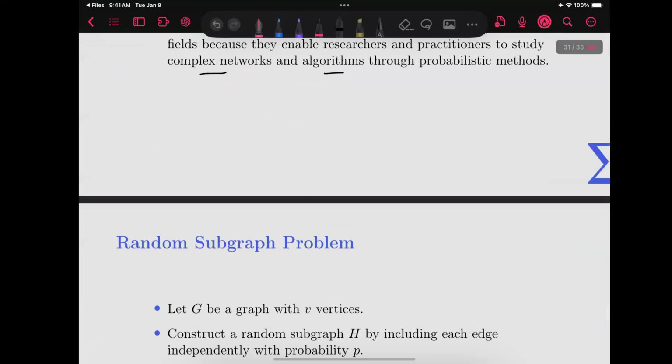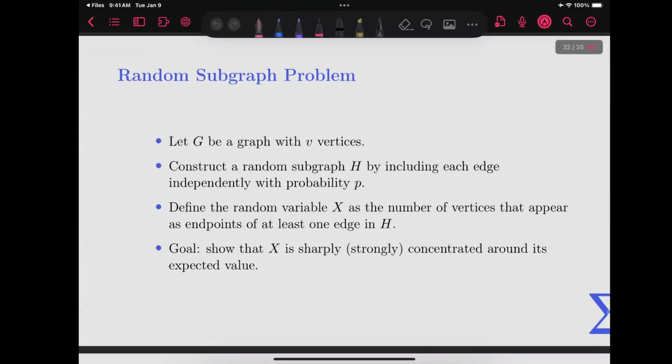So our problem today is to prove that if you have a graph G with V vertices, and you want to find a subgraph H in G such that each edge appears with probability p, and X is the number of vertices that appear in H, then X will be concentrated around its expected value.